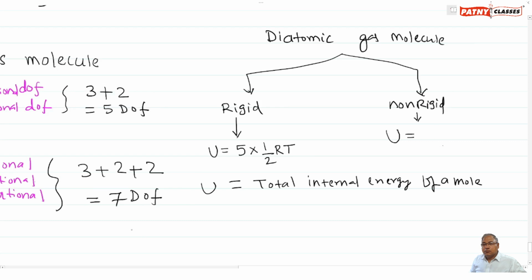For non-rigid, the degree of freedom is 7, so 7 multiplied by half RT. Therefore, for rigid, U equals 5 upon 2 RT, and for non-rigid, U equals 7 divided by 2 RT.